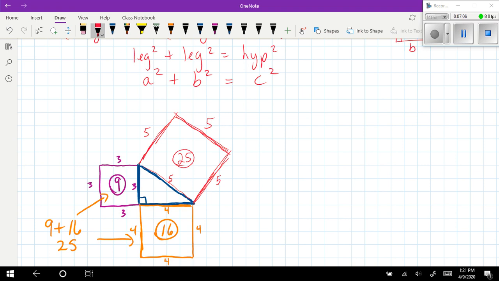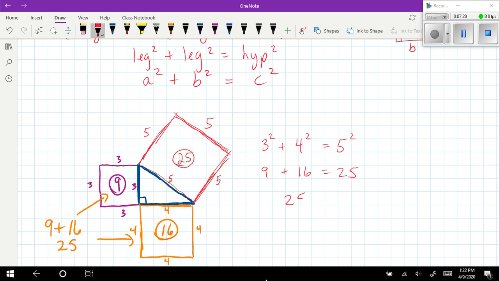So geometrically, if I take one leg and square it, I end up with a 9. I take the other leg and square it, and I end up with 16. You can see this geometric representation right over here on the left-hand side. And then my hypotenuse would be a 5, and I square the hypotenuse, and this gives me 25.